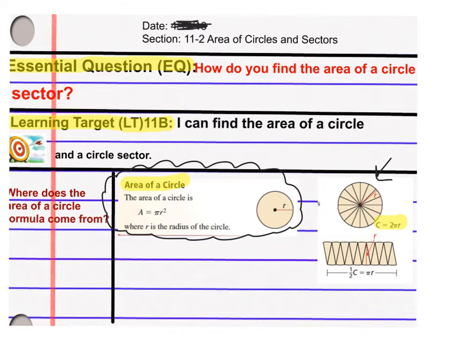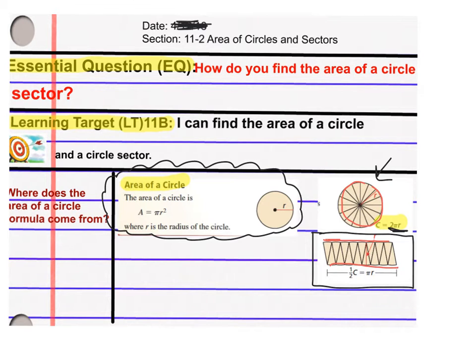If you were to divide your circle up into little sections or sectors and arrange those into kind of a rectangle or a parallelogram, that's what they are doing. So the circumference of a circle, circumference is 2 pi r. The circumference, the distance around this circle, is basically being split into two parts in this rectangle, the top half and the bottom half.